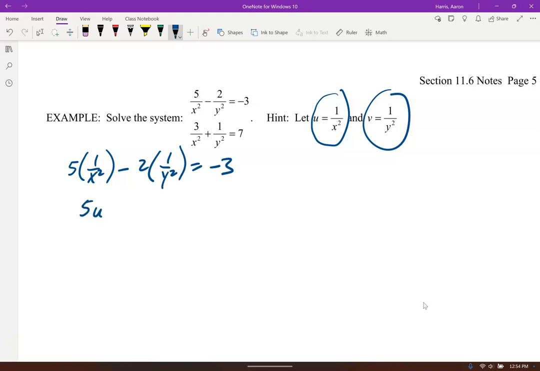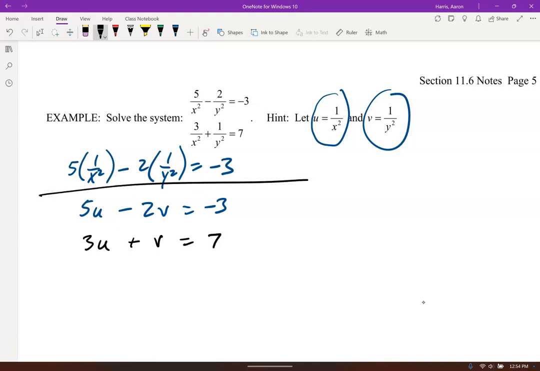So it's 5u minus 2v equals negative 3. The lower one would be 3u plus 1v equals 7. And so I'm going to simplify it that way.